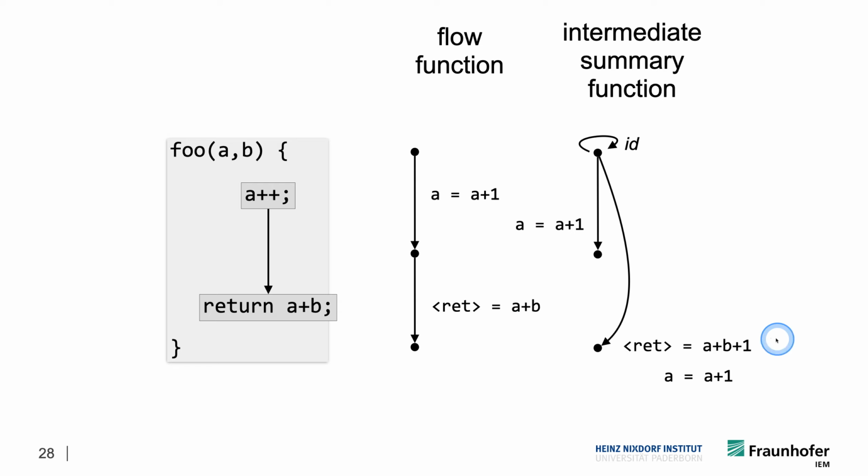And if you do this, then you basically obtain this flow function here. So it's not just A plus B, but A plus B plus 1. And that will then be our final summary function, except that I told you that this part of the summary is typically omitted, because it has no bearing on the caller. So that would typically not be stored as an optimization to the analysis framework.